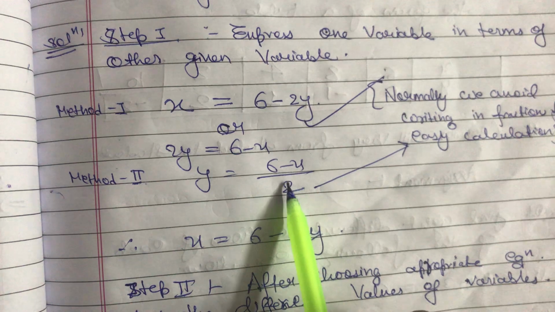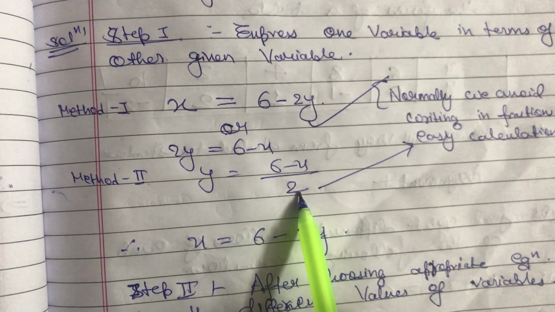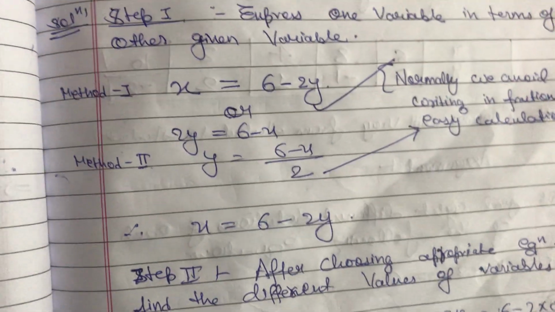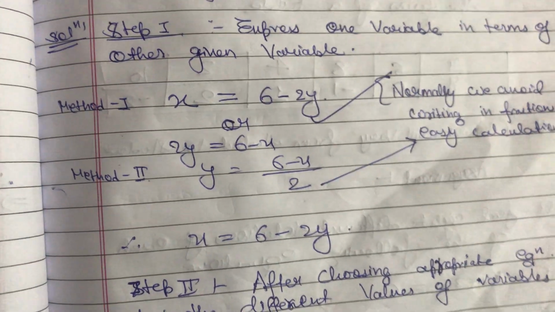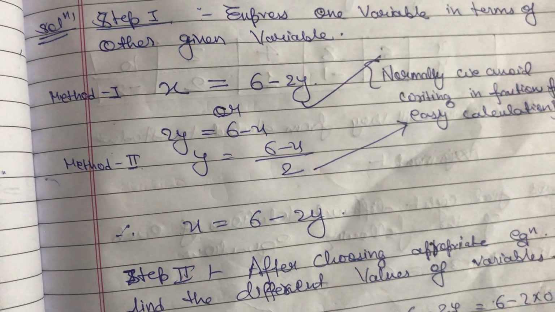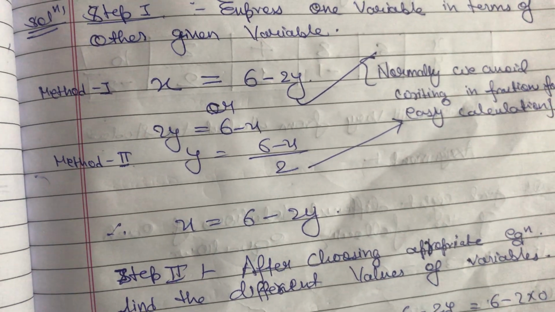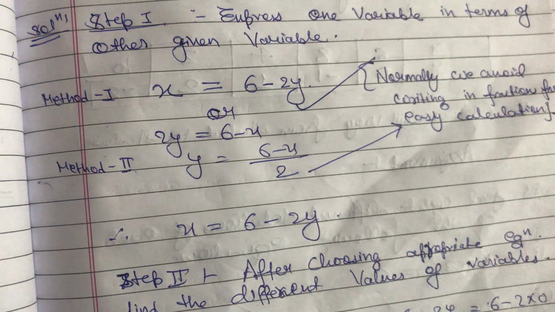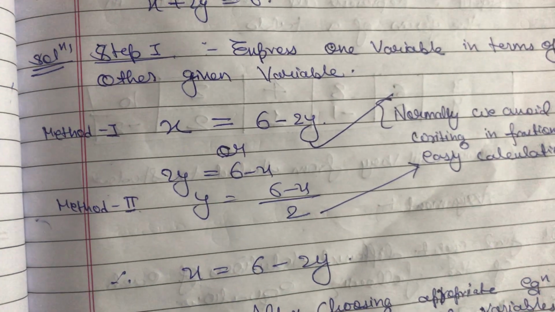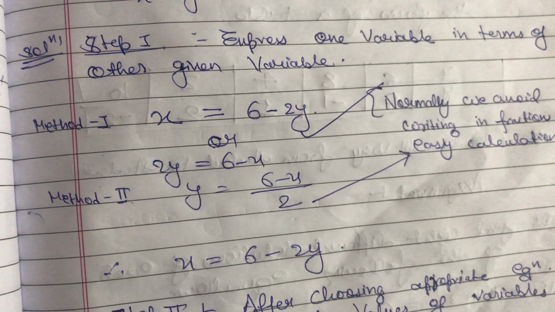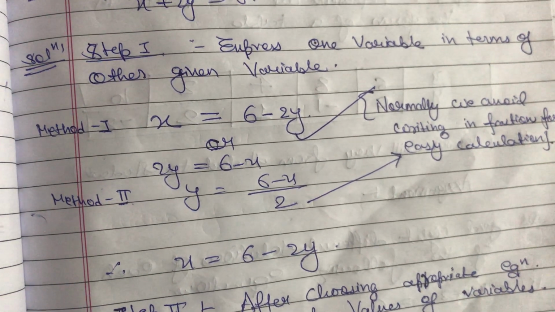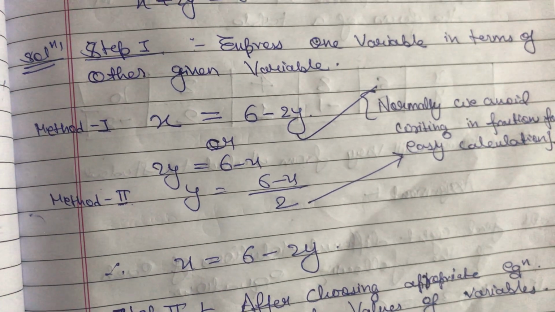Here the 2 is at the denominator, so whatever number will come in calculation will be in fraction. So normally we choose equation in which we don't have anything at the denominator. In case you have denominator in both the equations, then prefer the equation in which you have an even number at the denominator, because the calculation becomes easy.